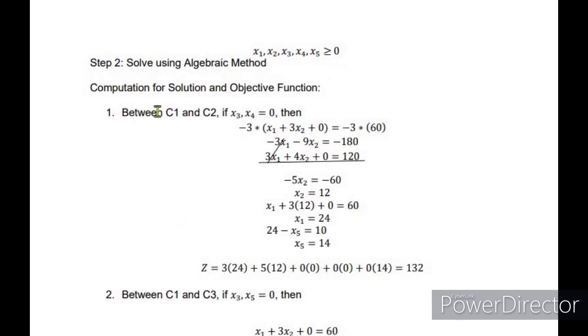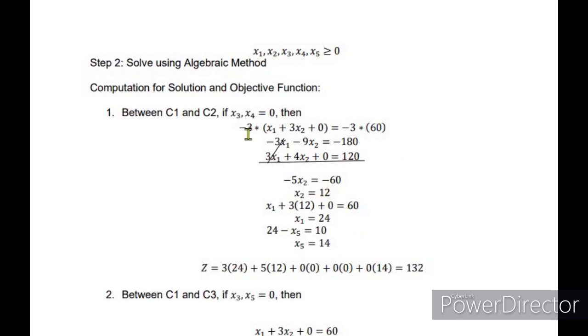Step 2: solve using the algebraic method, computing the solution and objective function. Between C sub 1 and C sub 2, if x sub 3 and x sub 4 are equal to 0, then we can use the elimination method. You notice this is the first constraint.